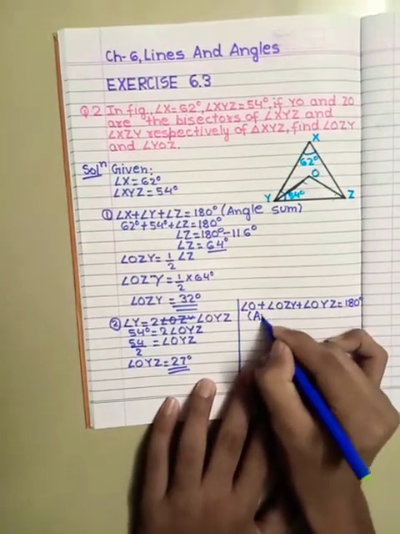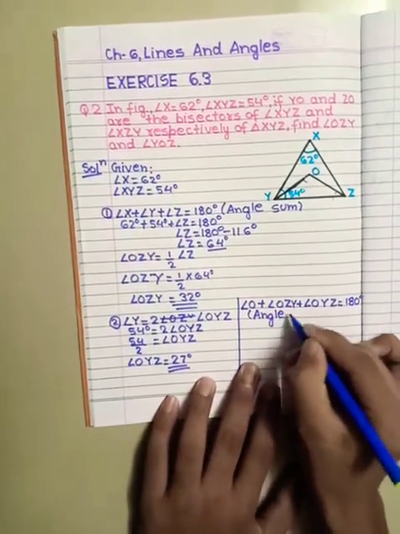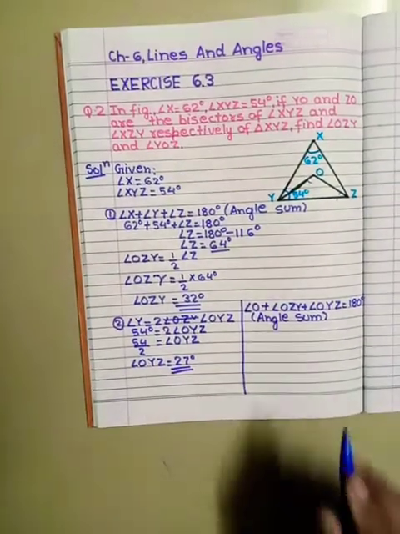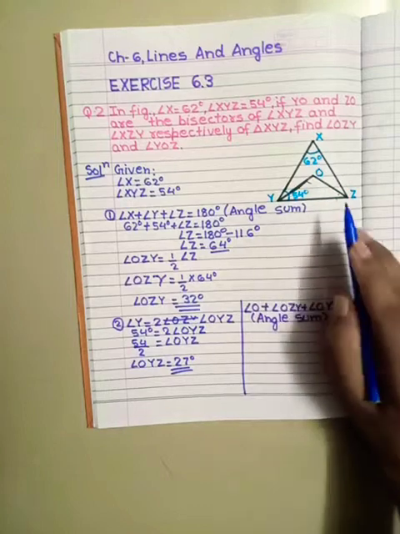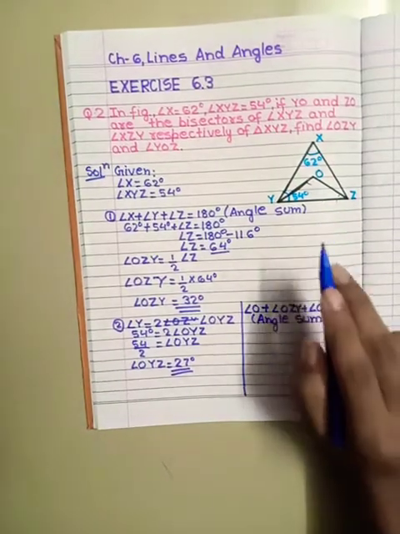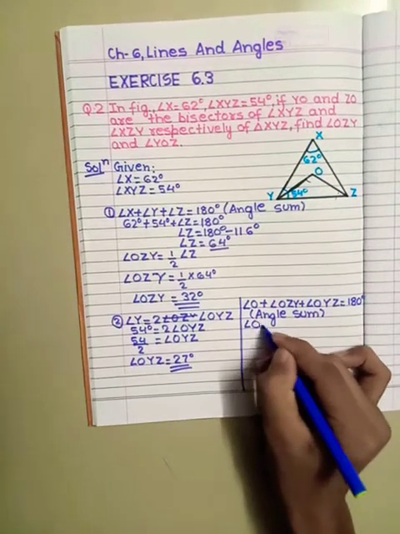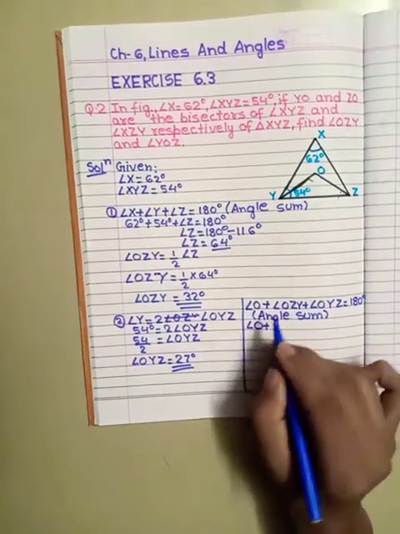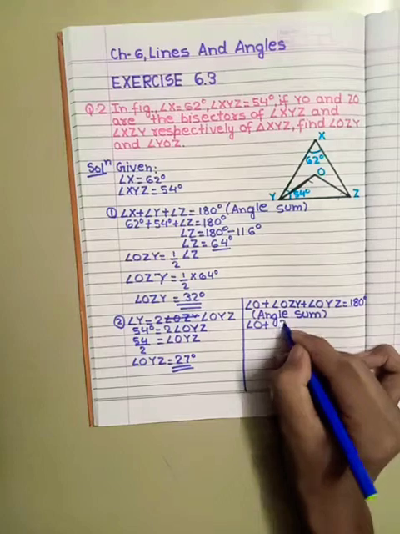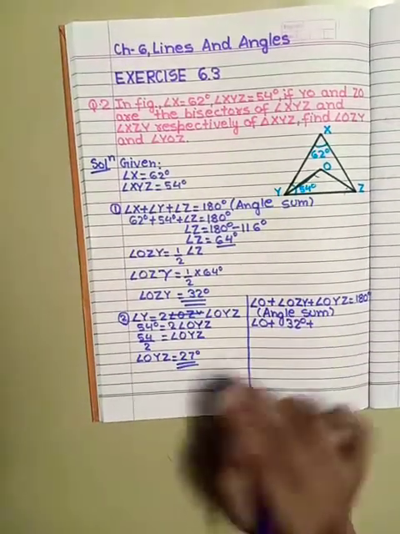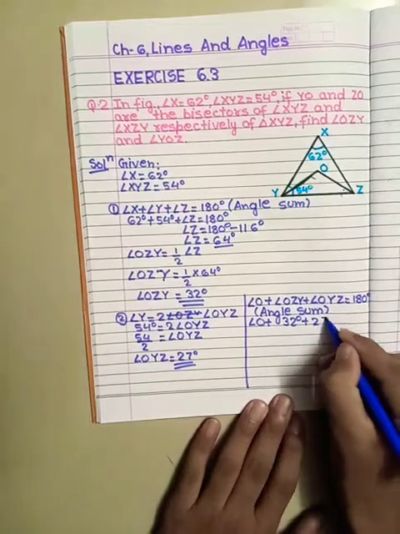Reason: angle sum property of a triangle. Now we know the values of angle OYZ and angle OZY, so let's substitute them. Angle O plus angle OZY, which is 32 degrees, and angle OYZ, which is 27 degrees.